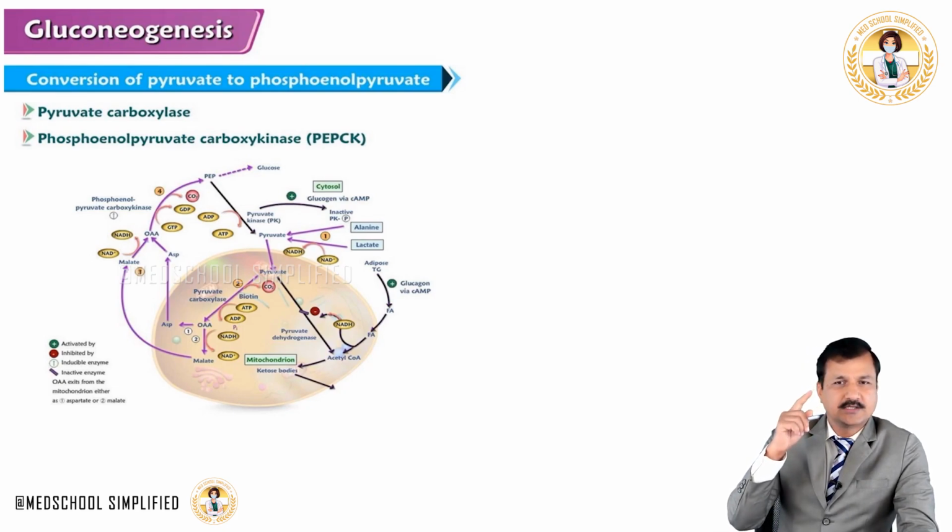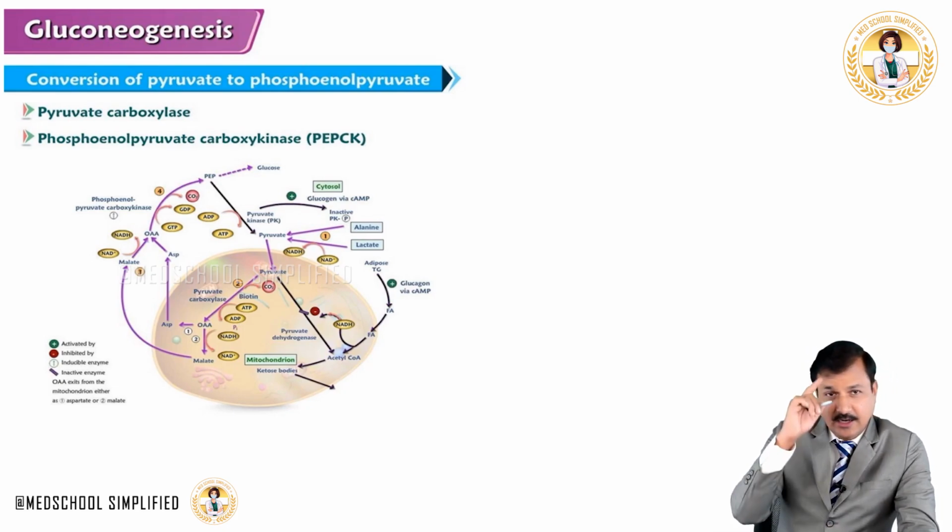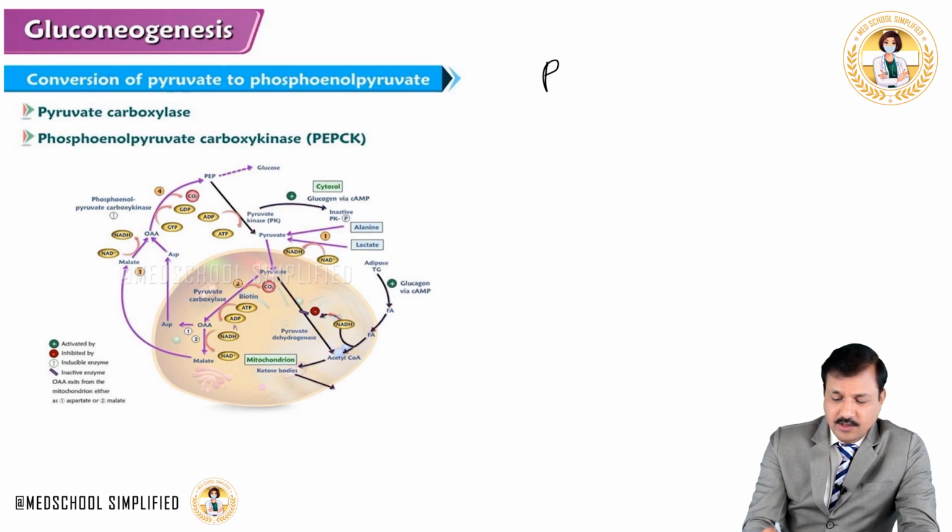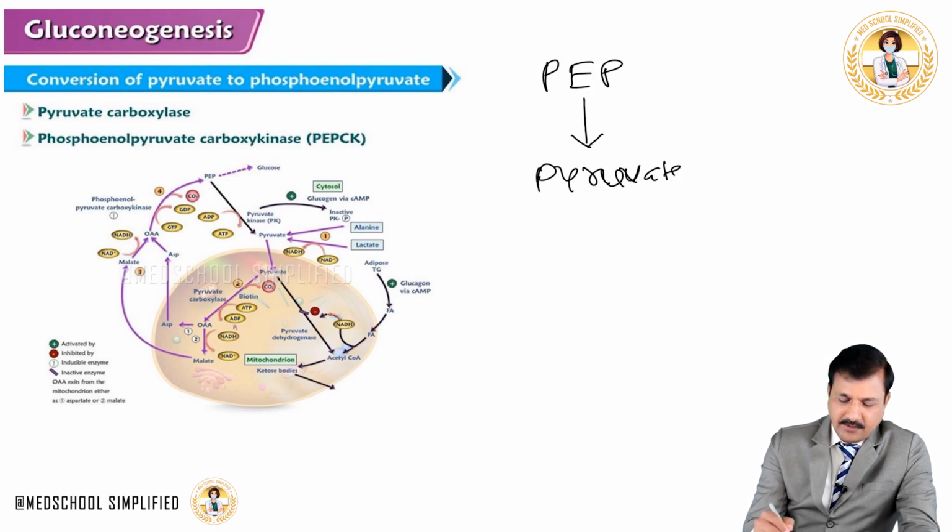Remember, the pyruvate kinase enzyme in glycolysis converts phosphoenolpyruvate into pyruvate. So what is the cell trying to do here? Pyruvate has to be converted back into phosphoenolpyruvate.